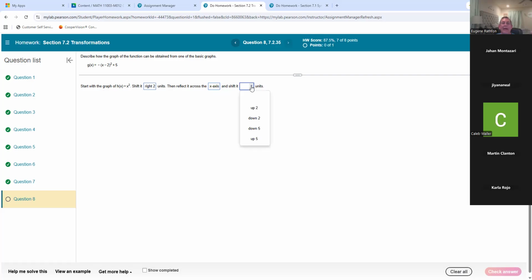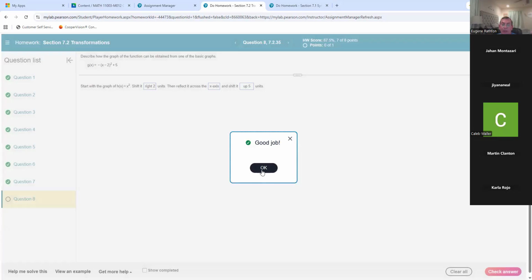All right, y'all, then up 2, down 2, down 5, up 5. Want to go up or down? They're looking at that plus 5. So y'all, plus 5, am I going up or down? So go up. Y'all about that? Up. Good job. Y'all, this one you just got to check the answer and be done.